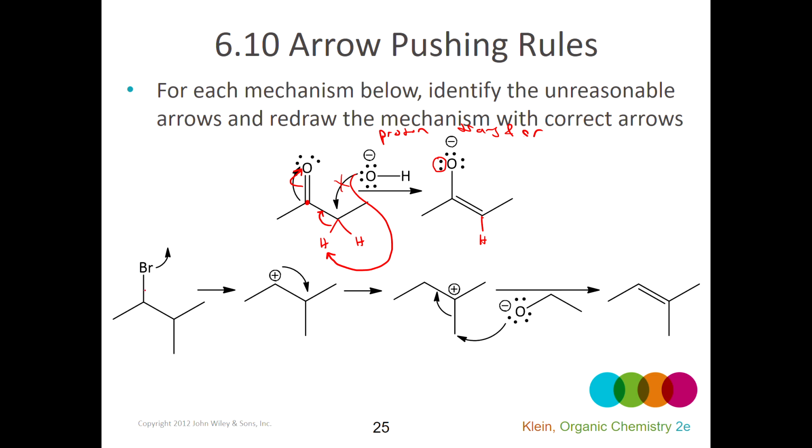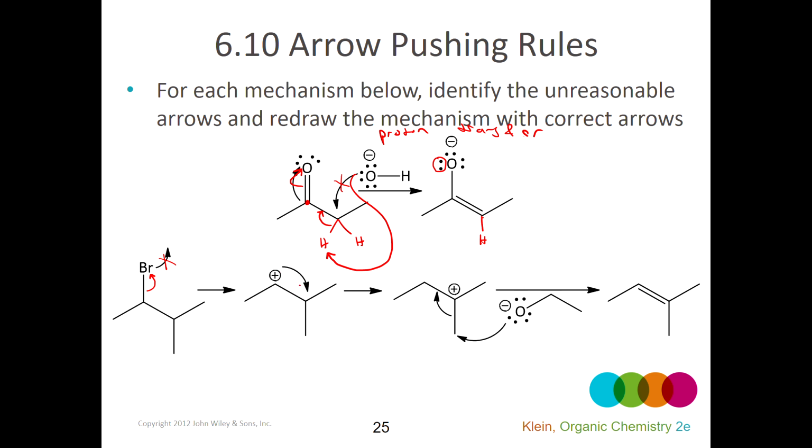We want to be clear, these electrons are leaving with the leaving group. So this is not the correct answer or arrow. We want to put our arrow on the electrons and have them leave with the leaving group, which would leave behind the carbocation.